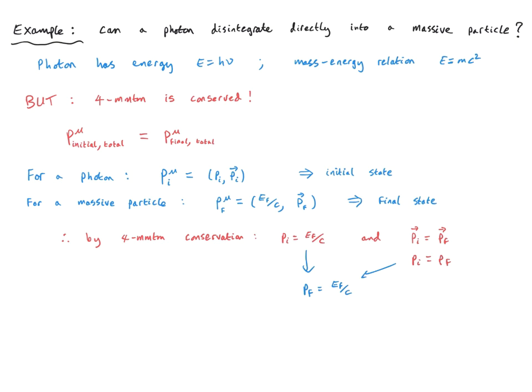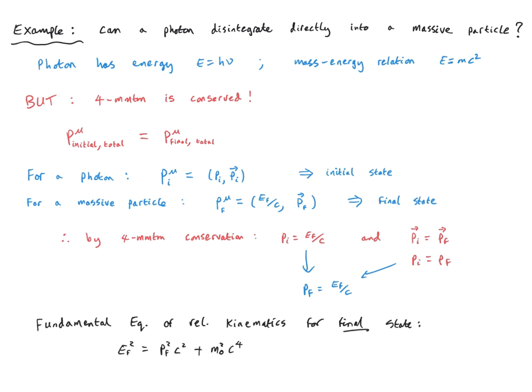To see the importance of this relation, we should now use the fundamental equation of relativistic kinematics. We will do this for the final state, which is supposed to be for the massive particle, and the equation reads Ef squared is equal to pf squared c squared plus m naught squared c to the 4. This m naught here is the rest mass of the final state.